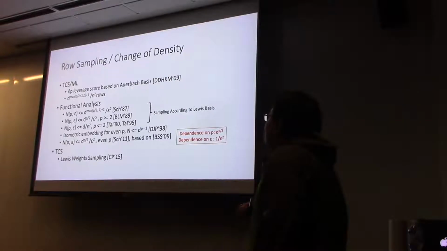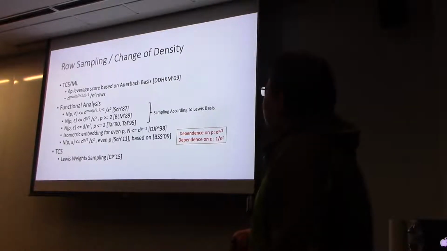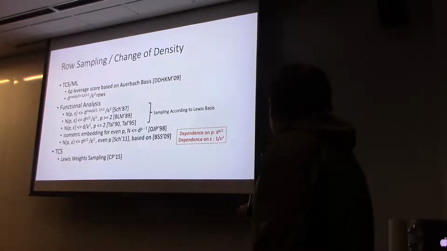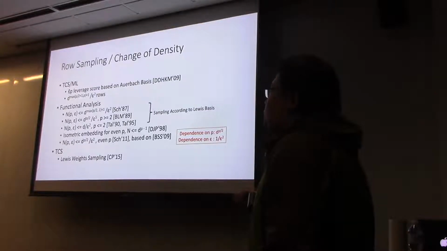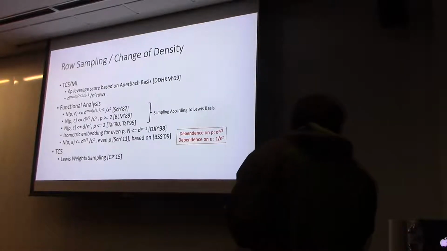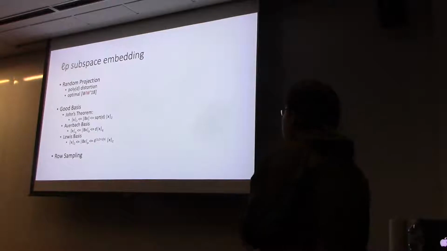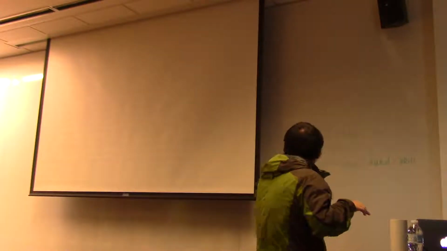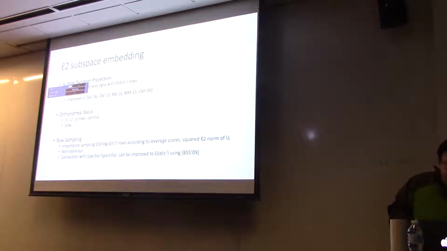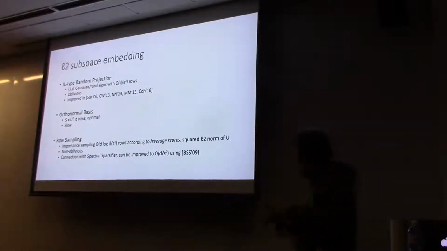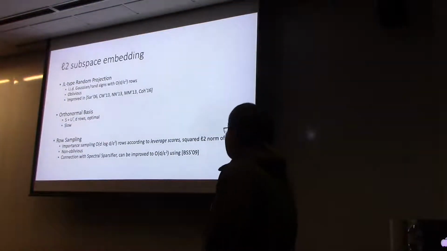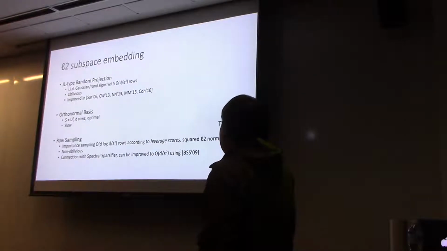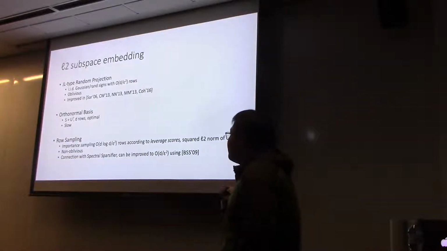The first result obtained in the CS community is by generalizing leverage scores to the LP case. As I mentioned before, leverage scores are just the squared L2 norm of each row of this orthogonal basis.